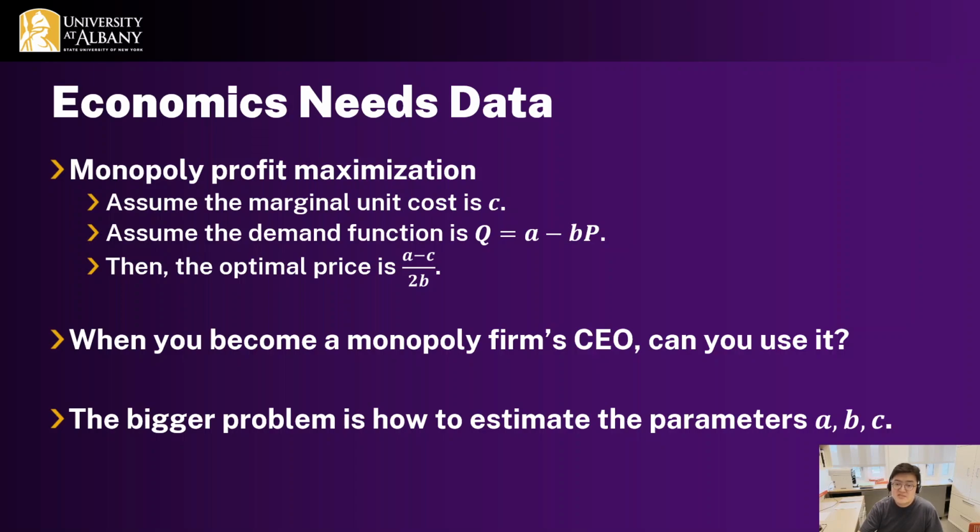When price increases, how much will demand decrease? That is B, right? So estimating those parameters is a much bigger, more difficult problem than learning this theory. Of course, you need theory to begin with, but it is useless without data analysis.